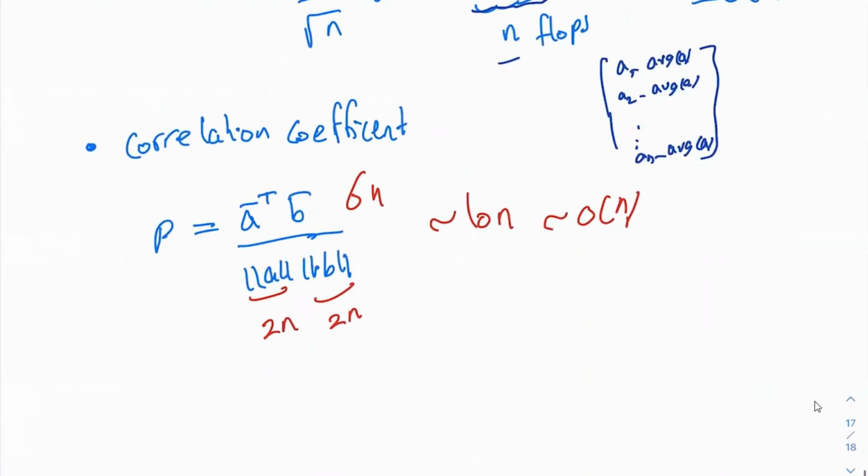Okay, correlation coefficient. So we see that for the norm, we get 2n flops, we get 4n. For this A bar transpose times B bar, what was this A bar?